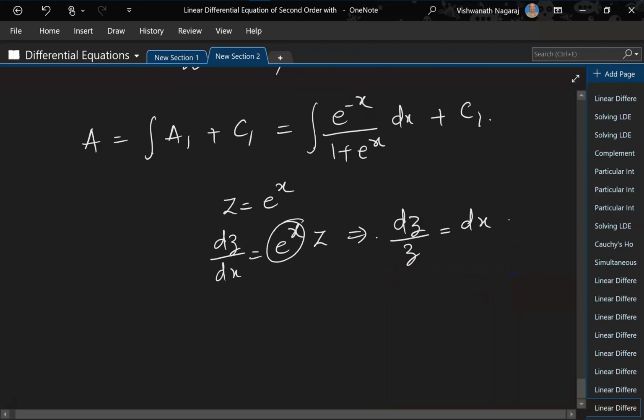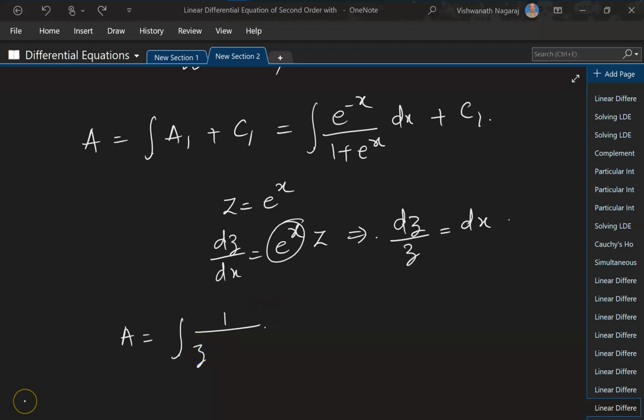Separating the variables, if we do the substitution, what do we get? We get a is equal to the integral of e to the power of minus x dx. This e to the power of minus x can be taken down, so it becomes 1 by e to the power of x, and e to the power of x is z.